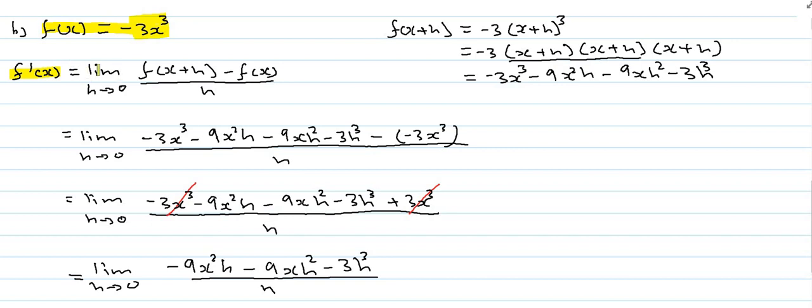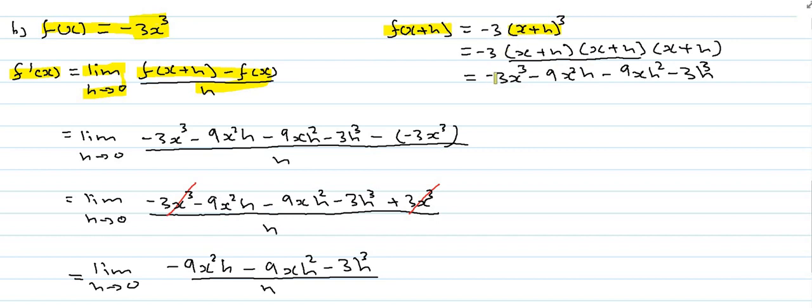The first principle says the limit as h approaches 0, f of x plus h minus f of x all over h. I said we started by finding f of x plus h on the side. Then where I see x, I substitute x plus h, meaning negative 3 into x plus h cubed.